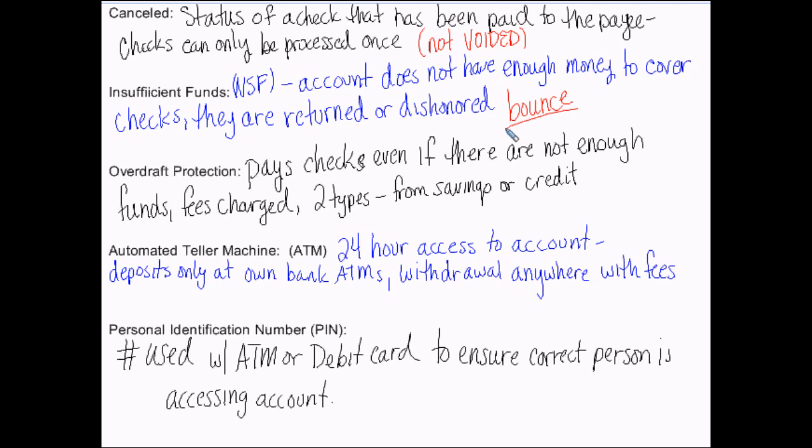You could only get money out of the bank or put money into the bank. Then they came out with the Visa and MasterCard debit cards, and now you can use them as an ATM card or you can use them as a Visa or MasterCard. I don't think there are any American Express debit cards. I know there's an American Express prepaid card, but I don't think they have a bank account debit card.